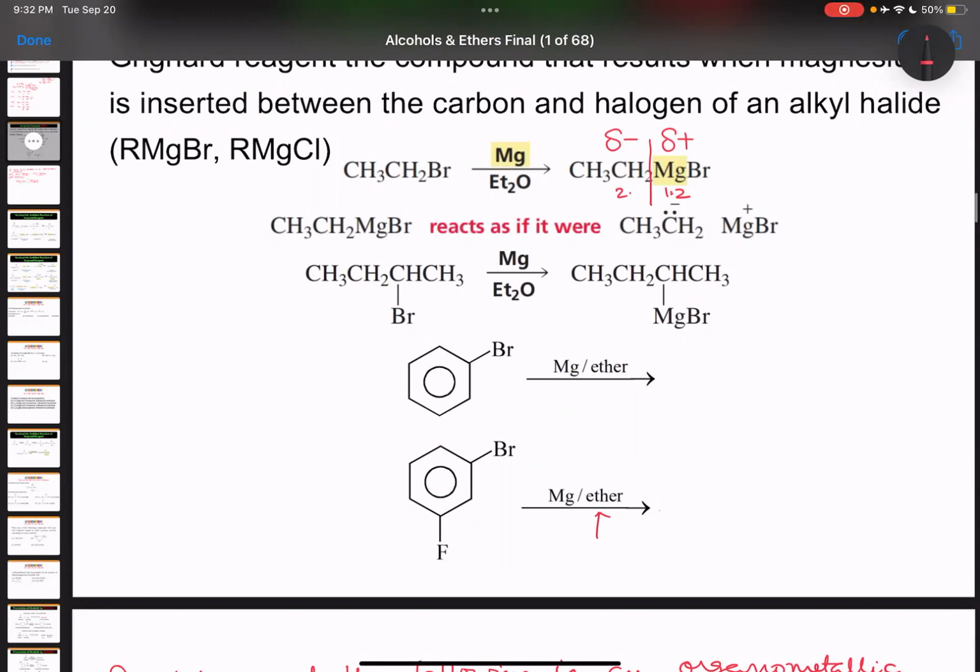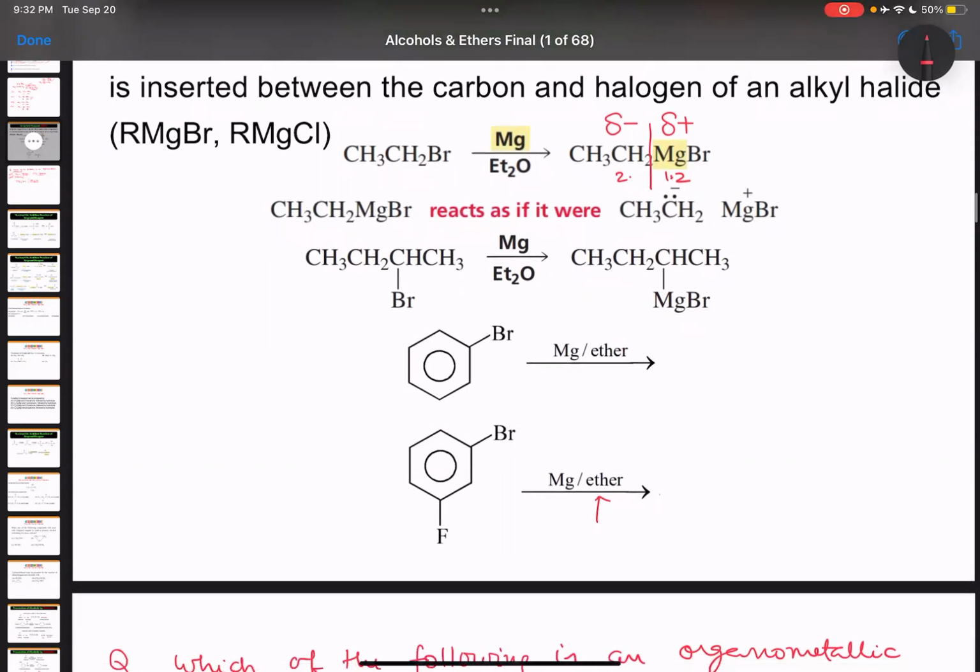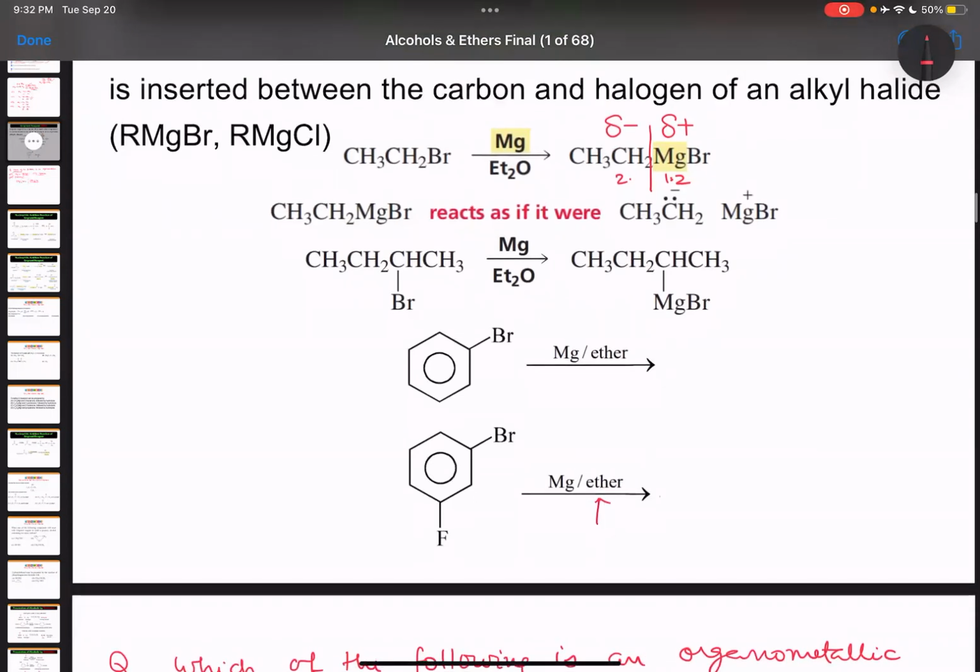So now the next thing is, suppose I have taken 1 mole of Grignard, where is the Grignard going to form?